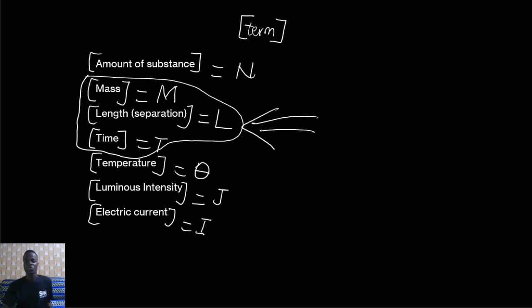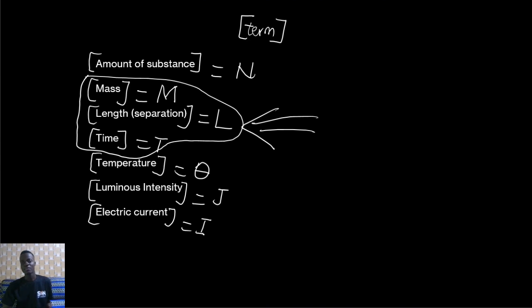When you see a square bracket around a quantity, it is telling you to convert it into its dimensional format. A square bracket around mass gives capital M. Around separation, length, or height, it gives capital L. Around time or period, it gives capital T. We need to keep at least these three in mind.